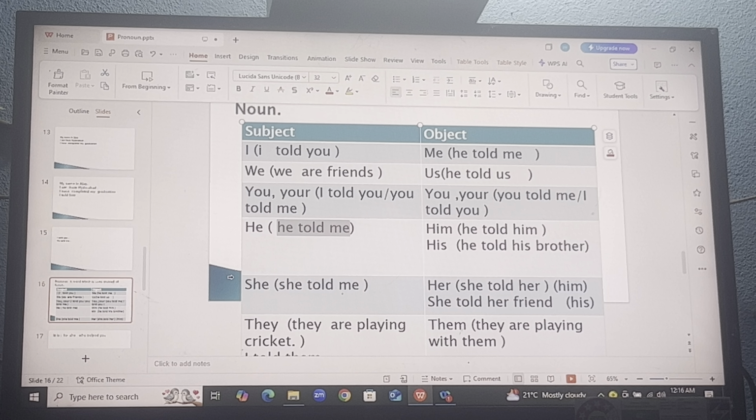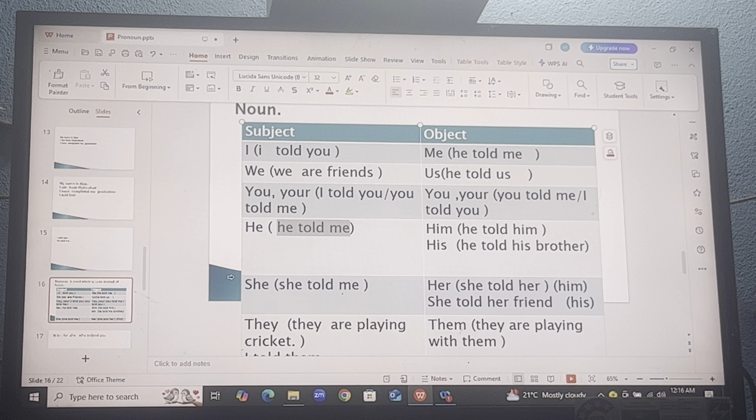I repeat, him we use if you know the person directly, whereas his is used if you don't know the person directly, but you know that there is a relation, like known to unknown. For example, he told his brother, it means whose brother?